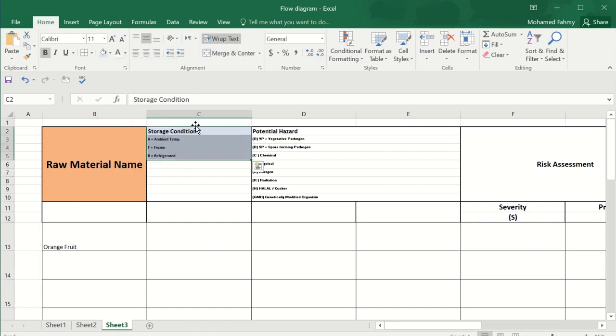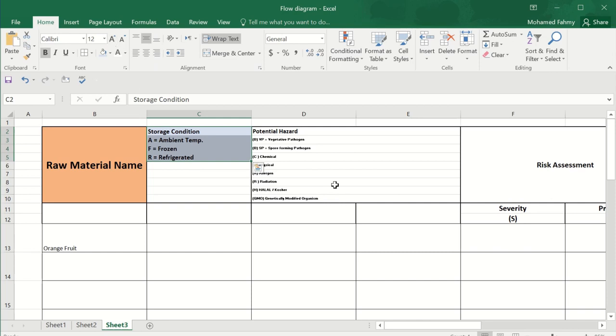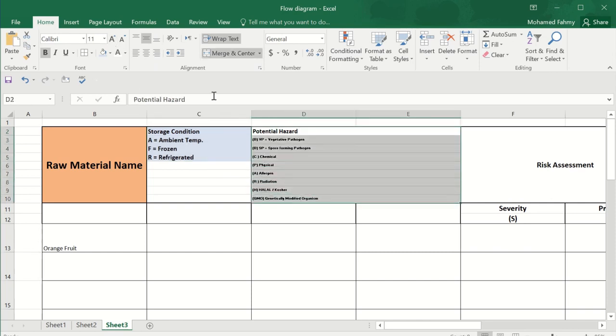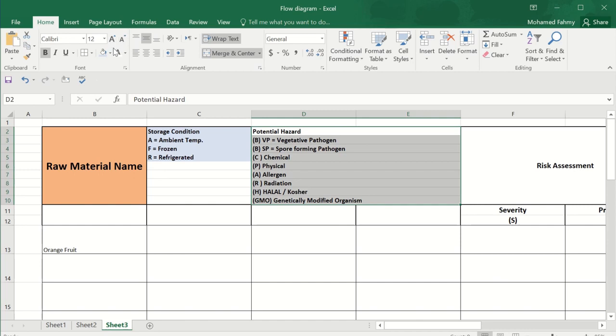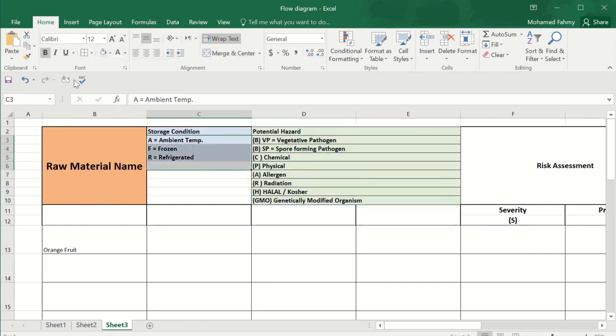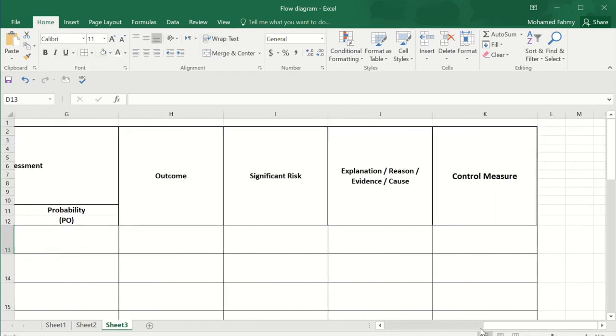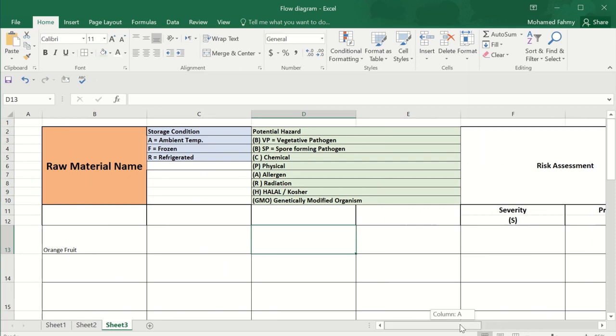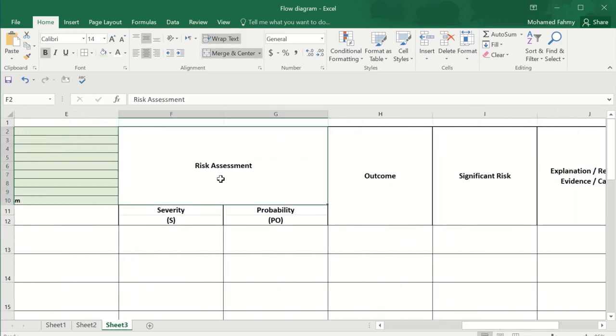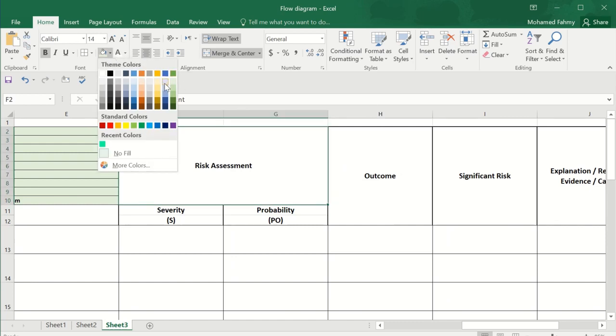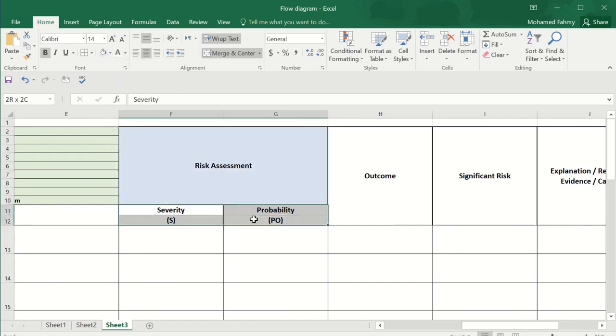Storage condition. Potential hazard. Risk assessment: severity multiplied by the probability.